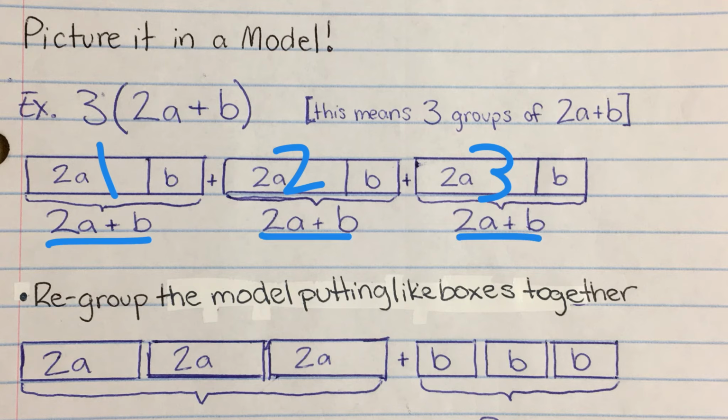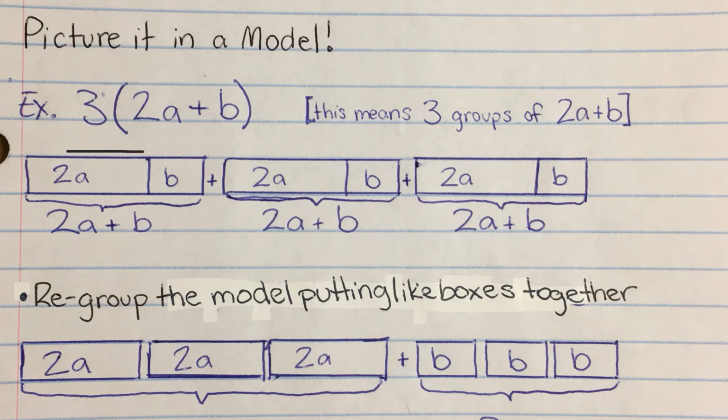Okay. Now, once we've put it into a tape diagram or bar diagram, we can now manipulate the models that we've created. So here in black, I'm going to go ahead and outline the 2a's. So we have one group of 2a, another group of 2a, and another group of 2a.